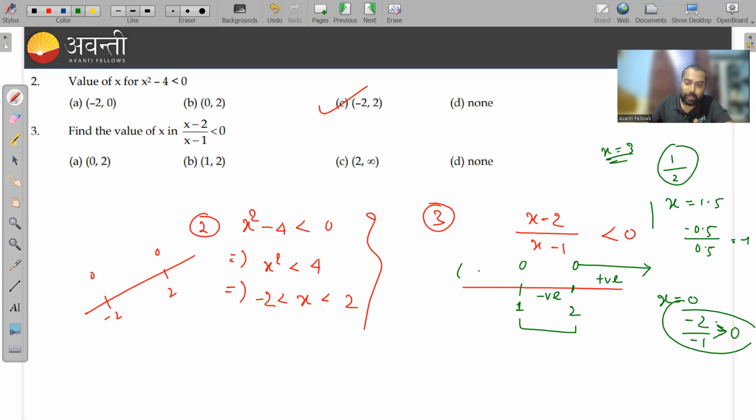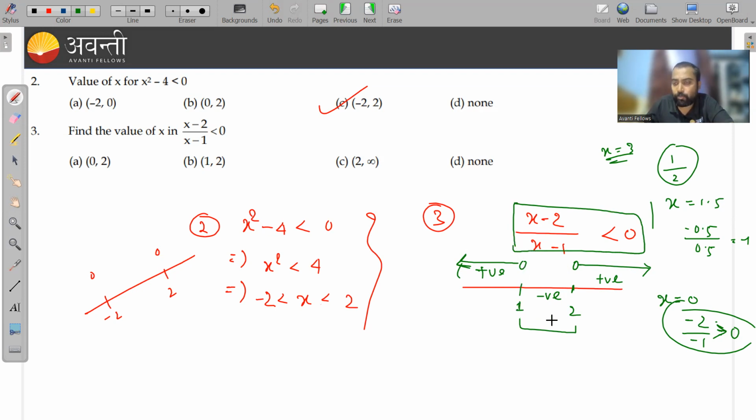So for x less than 1 also, we are getting positive values.